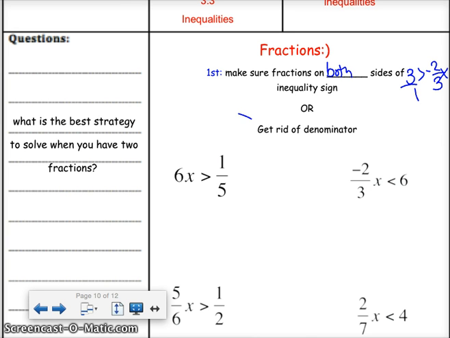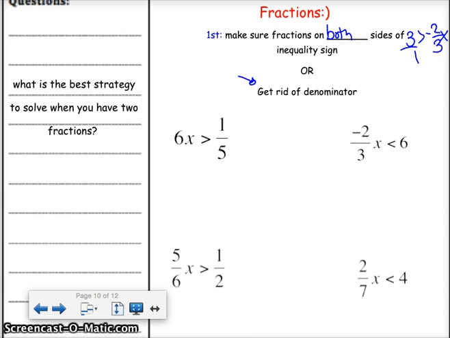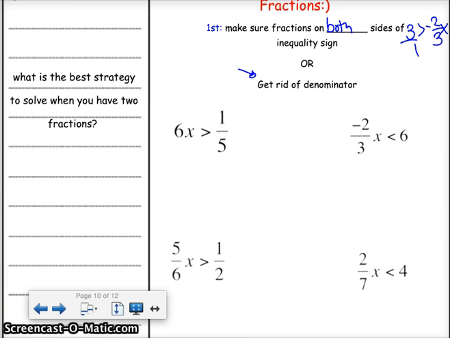It's putting a 1 on the denominator if you have to. Or you can get rid of the denominator right away. So this first one, I have 6x is bigger than 1/5. I would divide by 6 and I feel stuck, because I have a fraction there and I'm going to be like, how the heck do I do that?